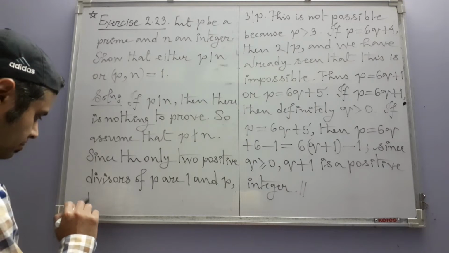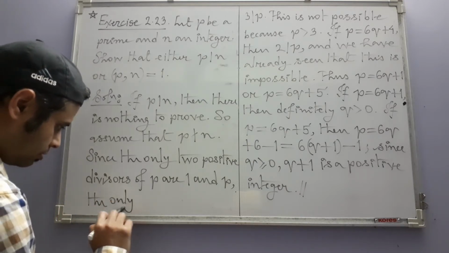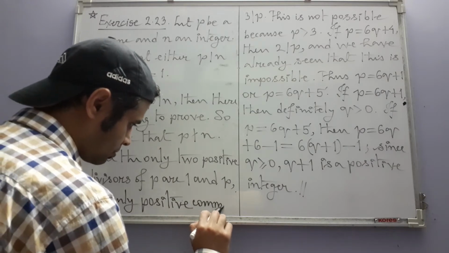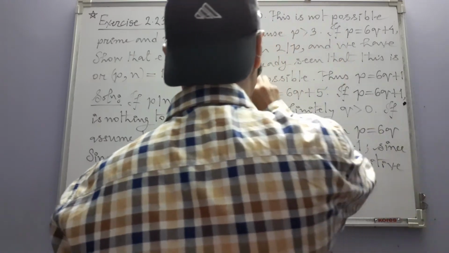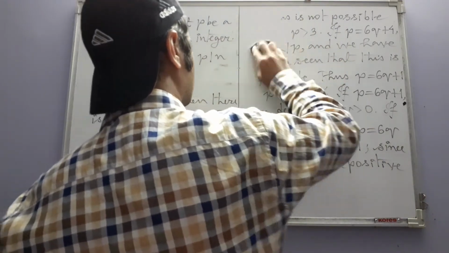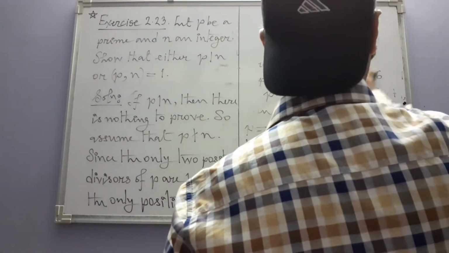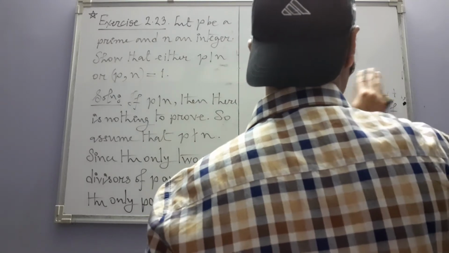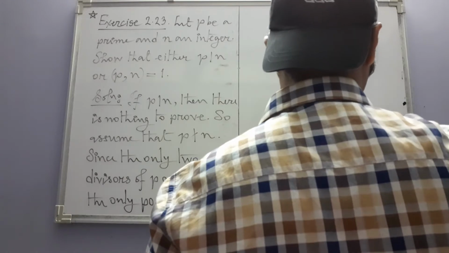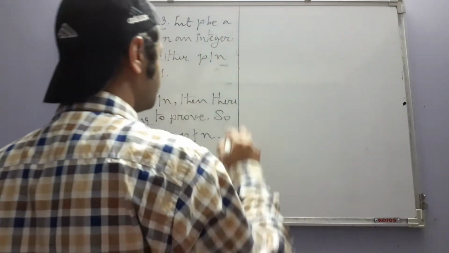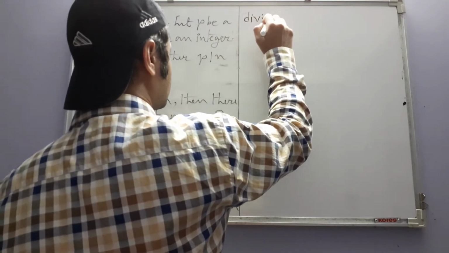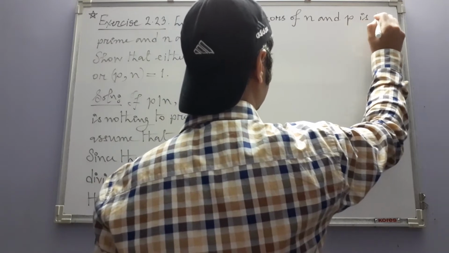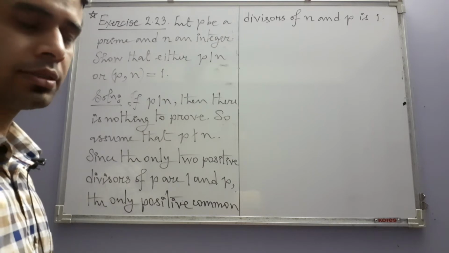And because of this, the only positive common divisor of n and p is 1, because 1 is a divisor of every integer.